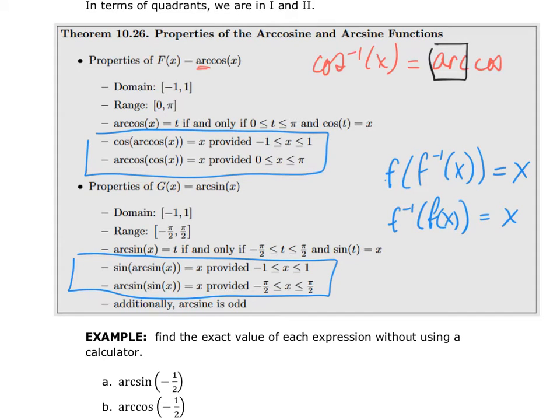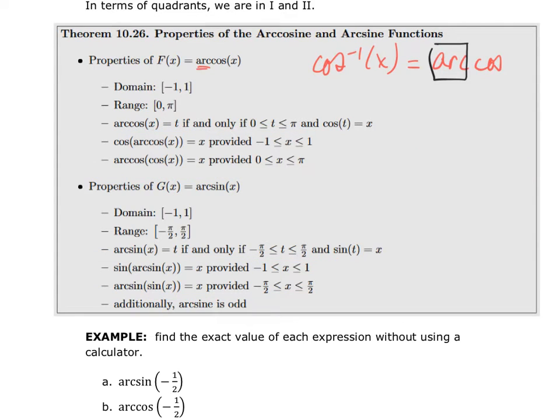The key bit here is this. The cosine of the cosine inverse is equal to x, provided my inner x runs between -1 and 1.